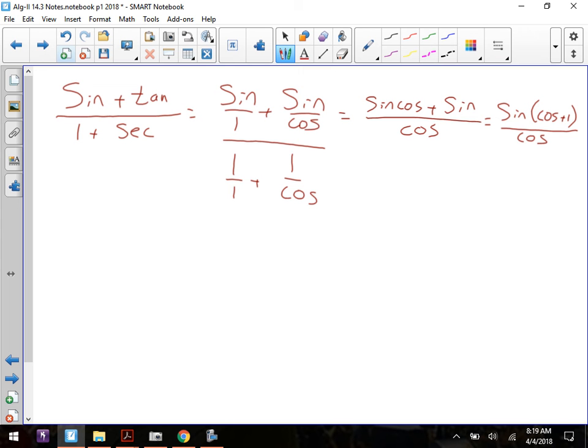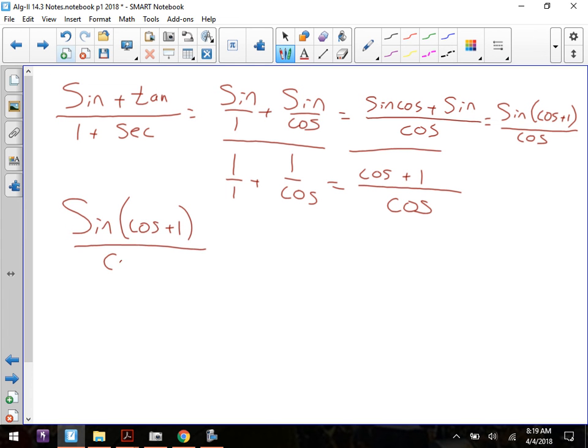The only reason that I did that is because I saw my denominator of the other fraction. It's got a cosine in it. Okay, preemptive strike. So now I take sine times cosine plus 1 over a cosine, and then I multiply it by cosine over cosine plus 1.